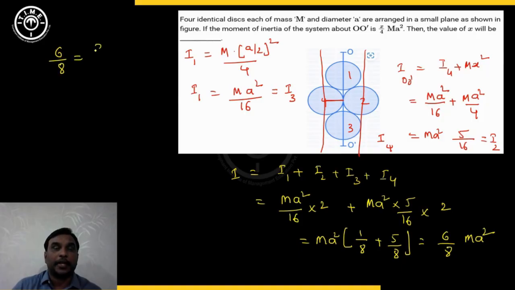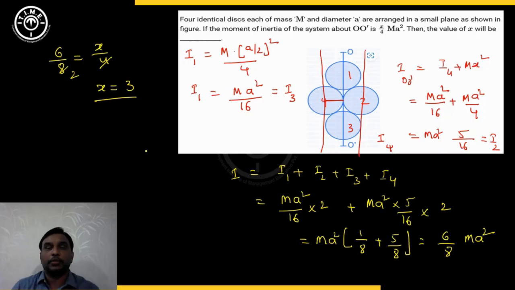According to the given data, 6 by 8 ma square equals x by 4 times ma square. Equating them, 4 ones are 4, 4 twos are 8, so x is equal to 6 by 2, and x is equal to 3.